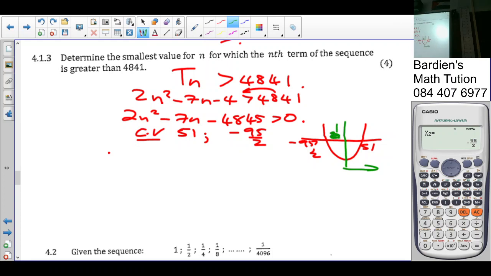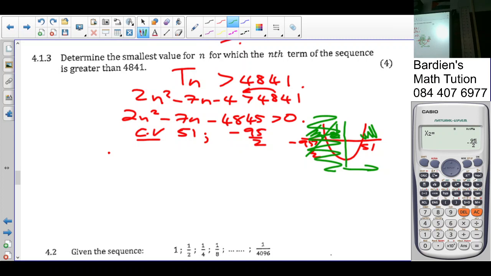So, read the question again. Determine the smallest value for n. So remember, this is greater than 0, so that's where I shade. Remember, I'm not going to consider anything on the side. So read the question again. Determine the smallest value for n, for which the nth term of the sequence is greater than 4,841.